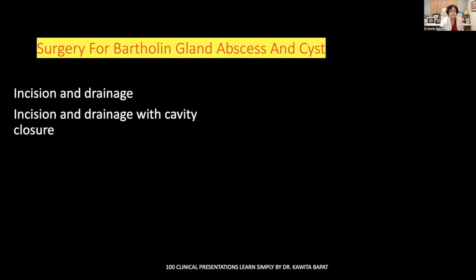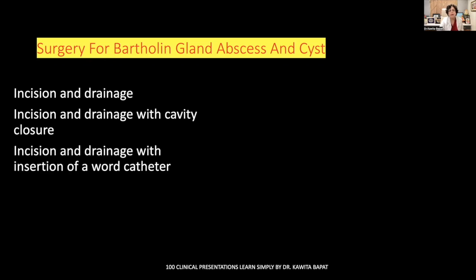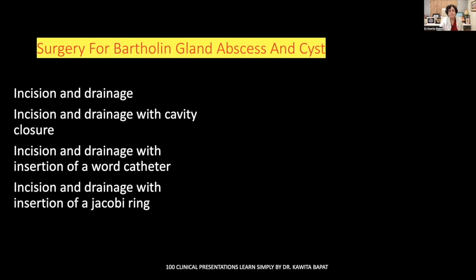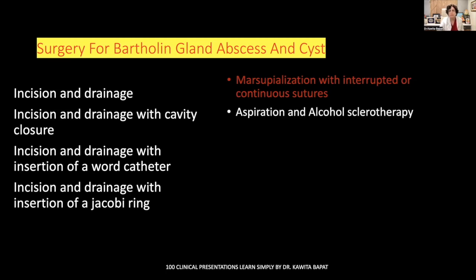Now, should we do surgery for the Bartholin gland and cyst or not? Number one is incision and drainage, a very simple one. Incision and drainage with cavity closure. Incision and drainage with insertion of a Word catheter. Incision and drainage with insertion of a Jacobi ring. We can do marsupialization with interrupted or continuous sutures, whatever is needed.